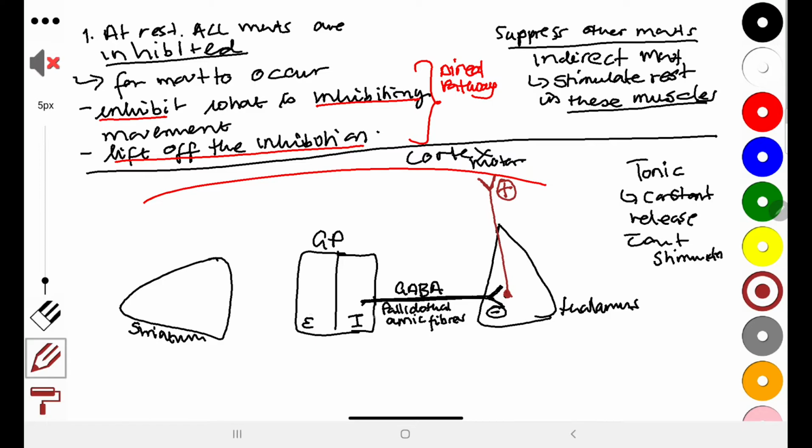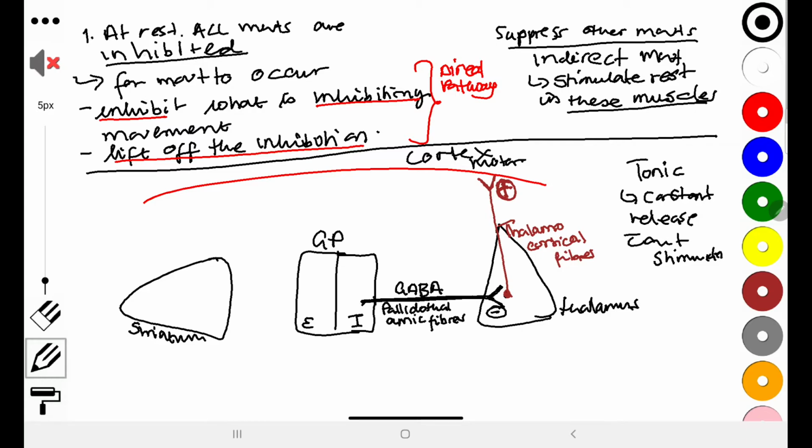So what you have at rest is a tonic release of GABA, and because you have a tonic release of GABA, you are not able to excite the cortex, because the thalamocortical fibers are actually inhibited.